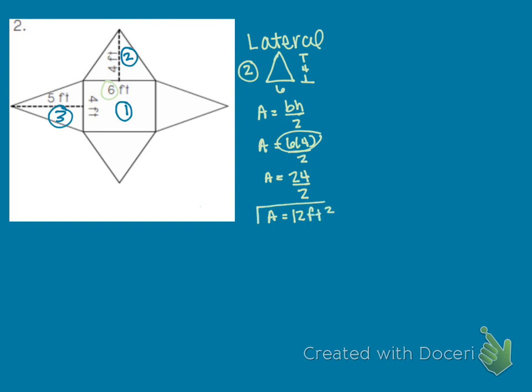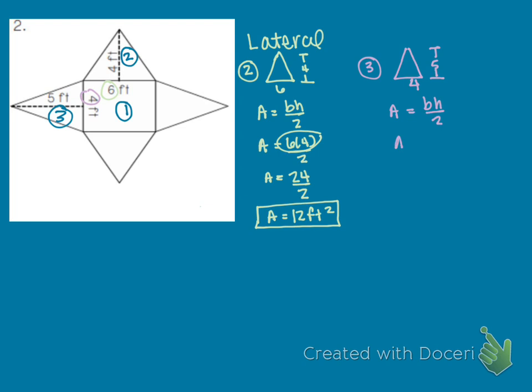And I'm just going to stop right there and just find the areas of my faces. Okay, and so then I have my second face, which is a little bit taller, has a height of 5 and a base of 4. So area equals base times height divided by 2.